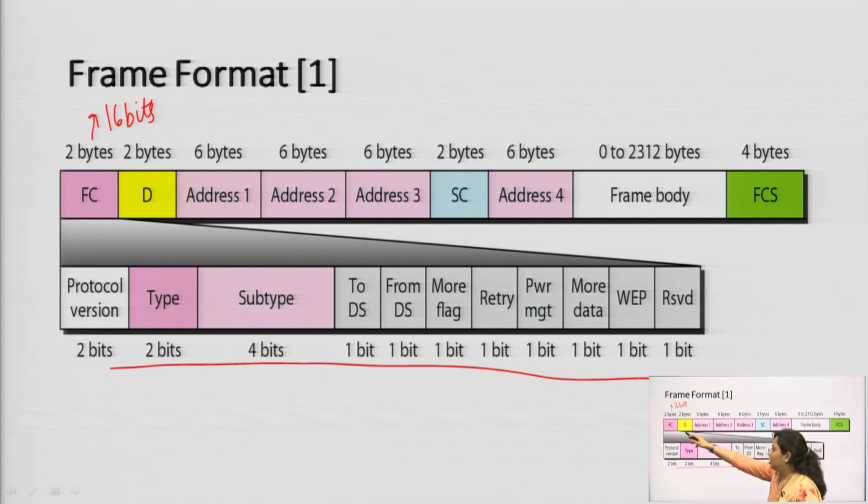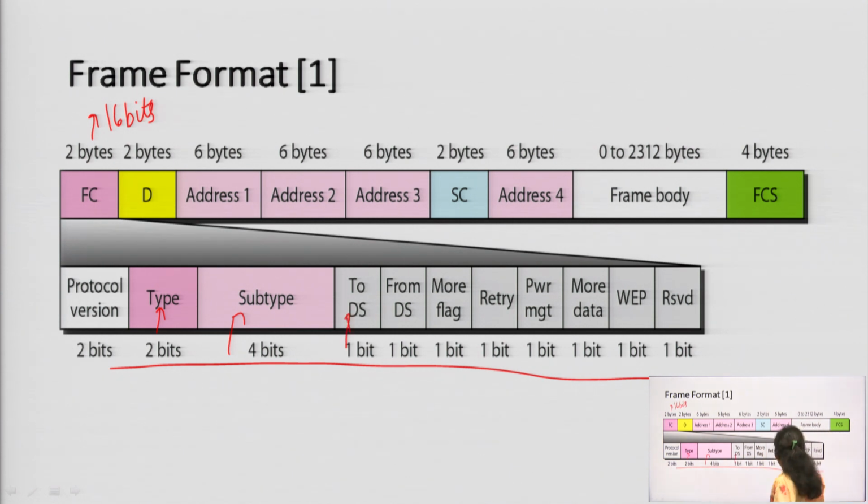First, 2 bits are used for the protocol version, that is, what version of the protocol has been used. Then the type of the particular frame that has been transmitted, then the subtype, which considers what type of data or device has been transmitted, and the subtype is of 4 bits.